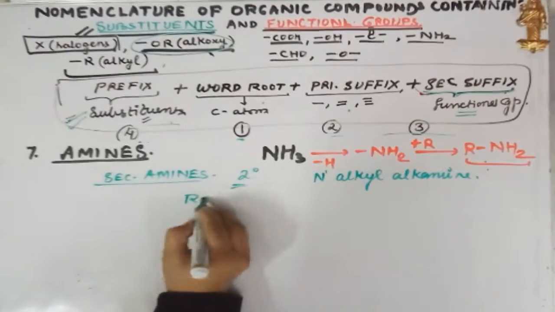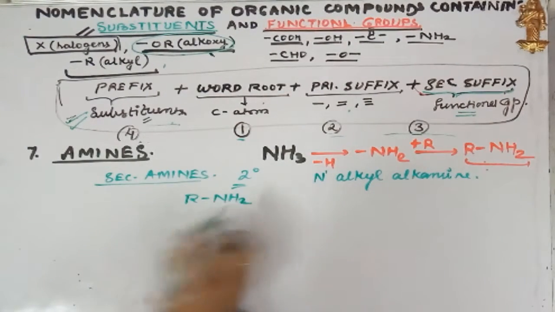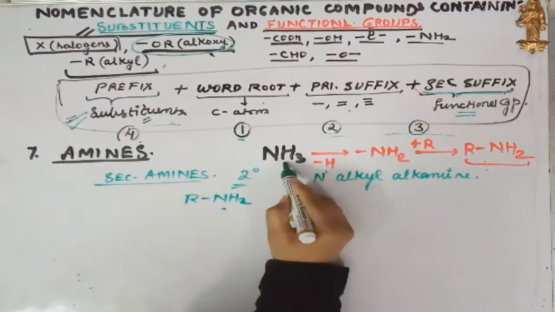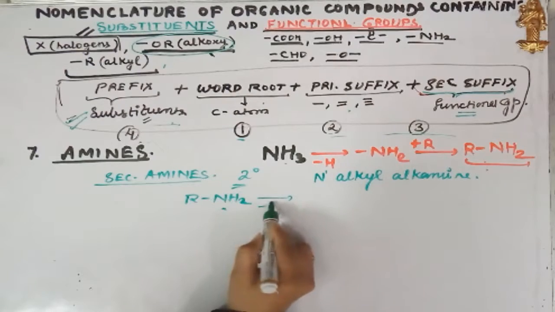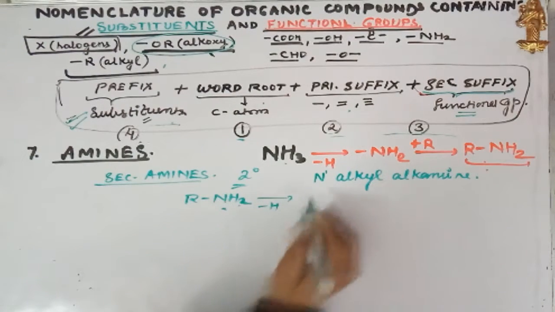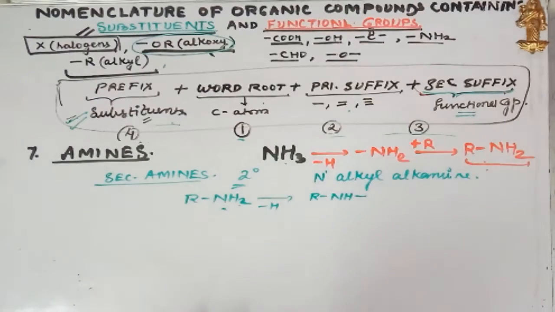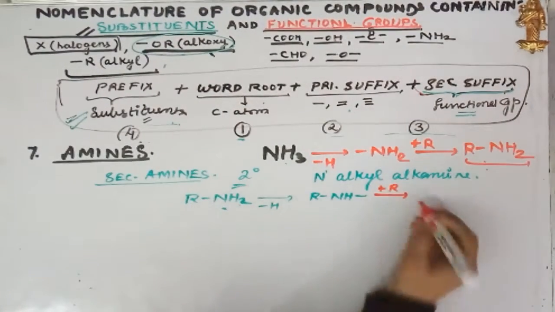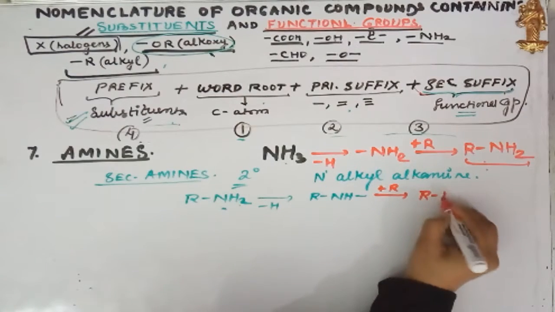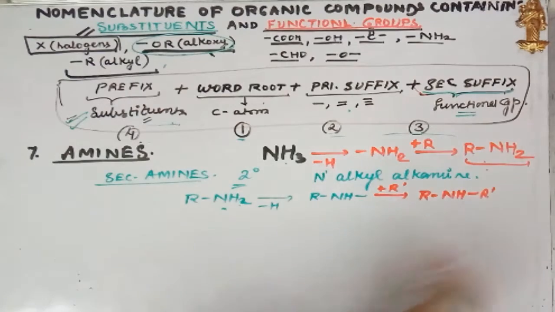I have made RNH2 by the removal of one H from ammonia. So this was RNH2. If I remove one more H from the NH2, what will be left? RNH. If I add one more R to it, what will be formed? RNHR'. So this is called a secondary amine.